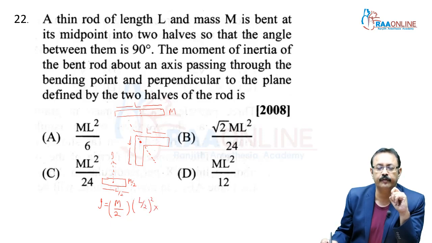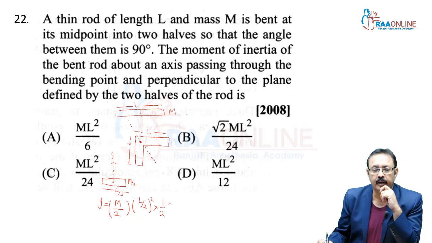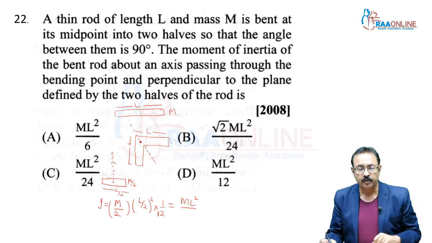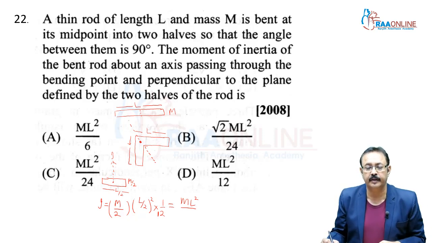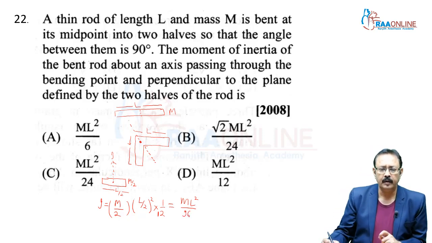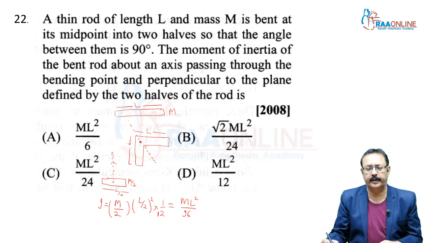So for each half, the moment of inertia is ml square by 4 into 2, 8, into 12, it should be 96. I am talking about one part only.